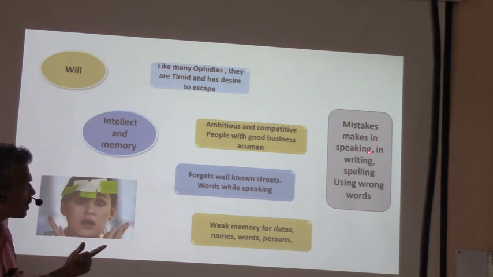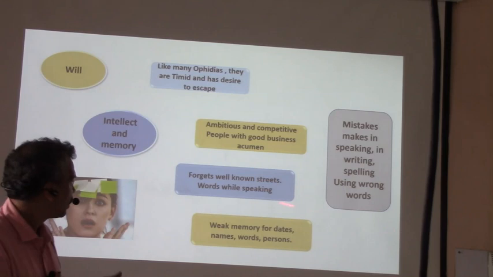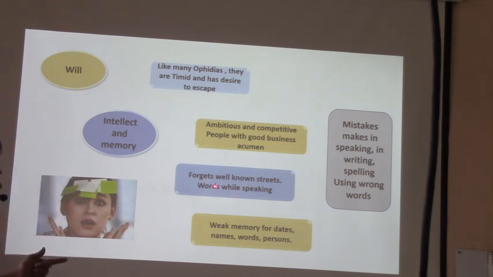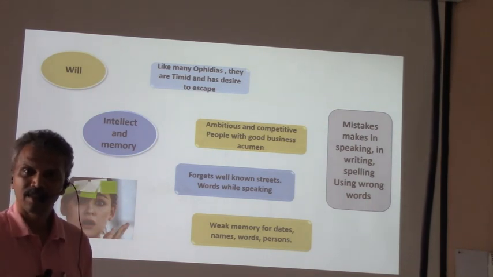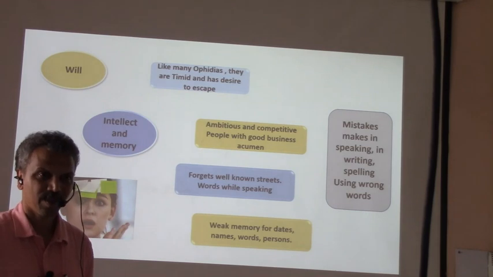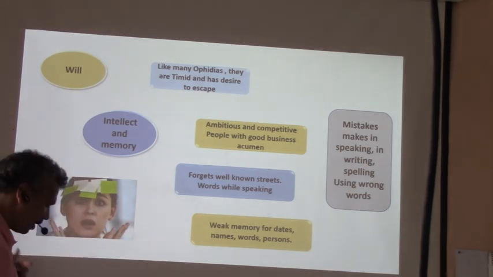They make mistakes in speaking, in writing, and also in spelling. Or, as you saw, they forget the word, so they tend to use wrong words. These are a few things mentioned in your repertory, which I have tried to pick up.